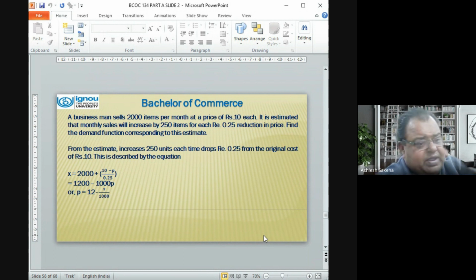So I will be converting this in terms of p. That will be 2000 plus (10 minus p) upon 0.25. After conversion, we will be converting this in terms of x. The price in terms of x will be 12 minus x upon 1000.